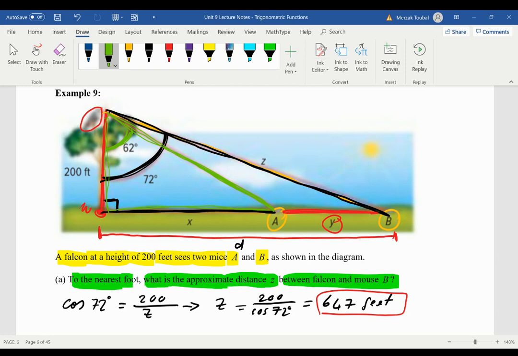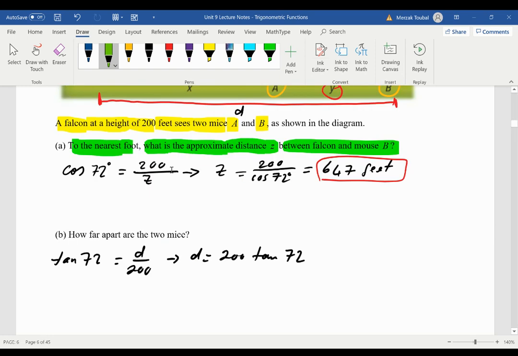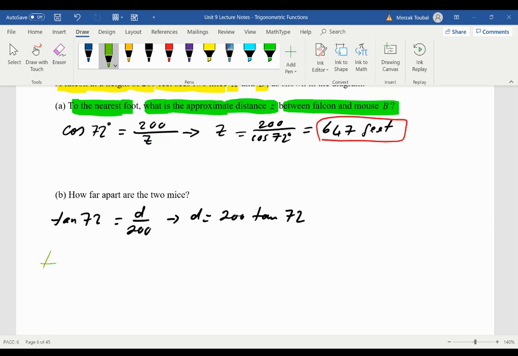So tangent of 62 equals x over 200. That means x equals 200 times tangent of 62 degrees.